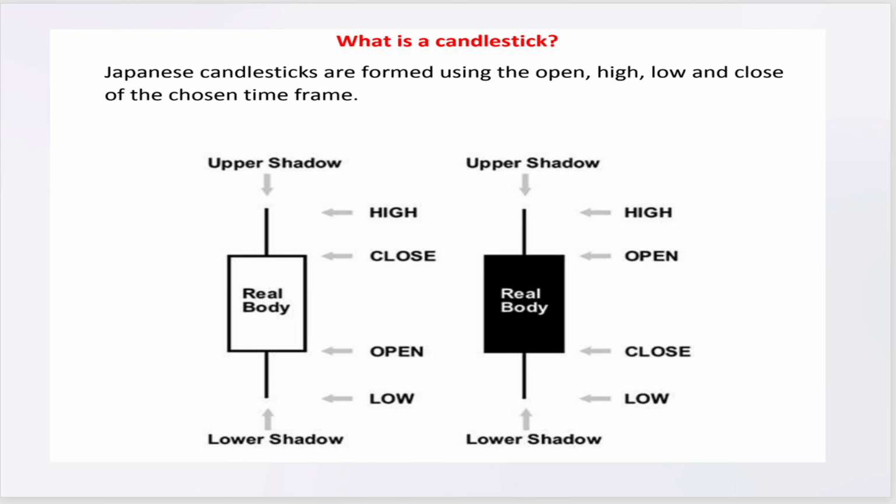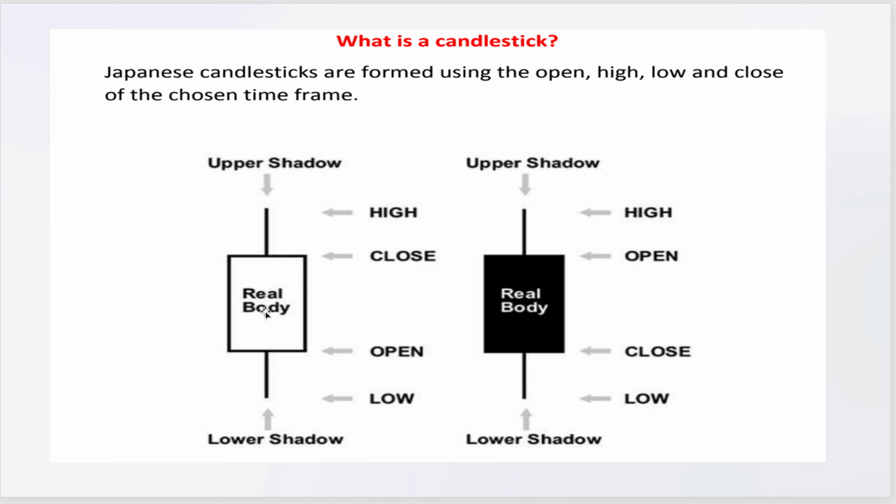Just before getting into the things, let's understand what a candlestick is. Candlesticks are, I think, a couple of hundred years old. The Japanese used to trade rice and other commodities using the candlestick pattern. Candlesticks are formed using the open, high, low and close on a chosen time frame. If you consider this as a 1 day time frame, this is the high, this is the close, this is the open, and this is the low.